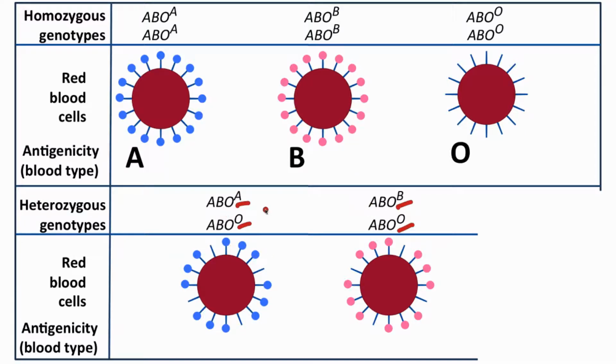So here we would say ABO^A is dominant to ABO^O, and ABO^B is dominant to ABO^O, because the heterozygote has the A phenotype or the B phenotype.